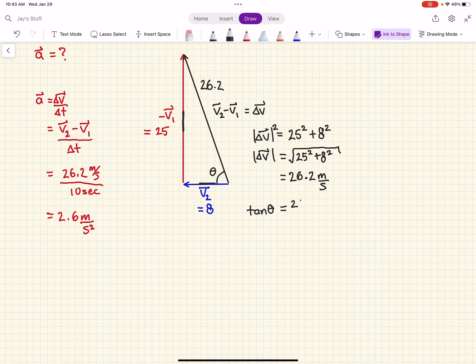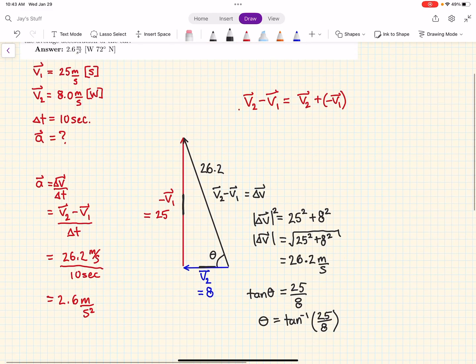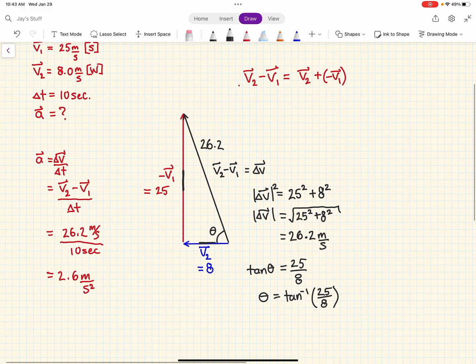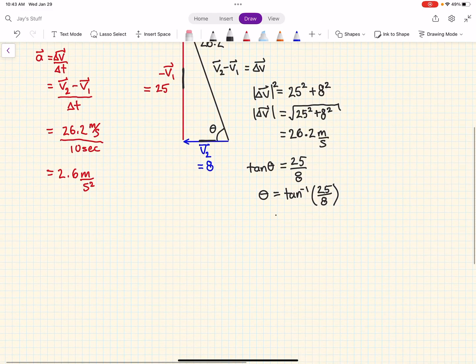So that's 25 over 8. So theta is just inverse tan of 25 over 8. And that would give you 72 degrees if you calculate that. So that is the direction of delta V.